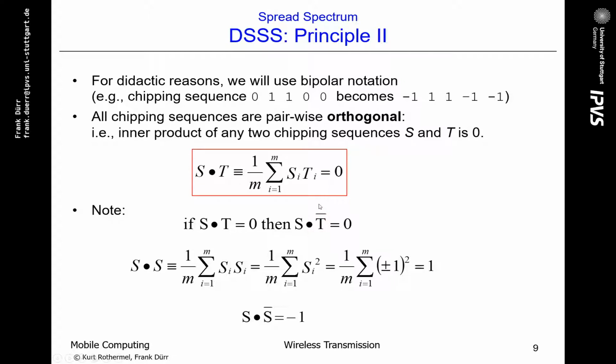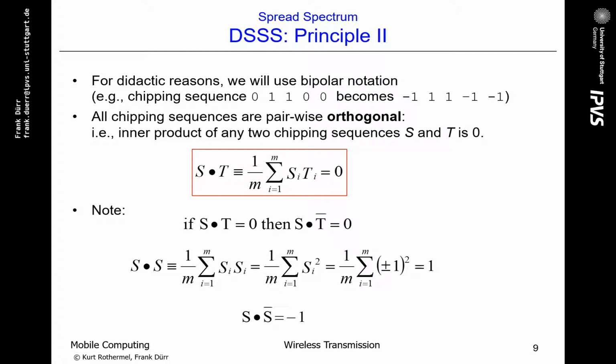And if you want to filter out signals from senders that we actually do not want to listen to, that we do not want to really receive and decode, then we need to be sure that also the inner product of a chipping sequence and the inverse of another chipping sequence is actually 0. So this is very important because senders send their chipping sequence and sometimes also the inverse of their chipping sequence if they want to send a 0 bit. Okay? So that's the first observation to make.